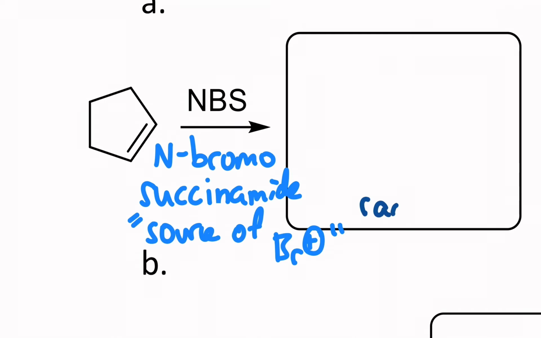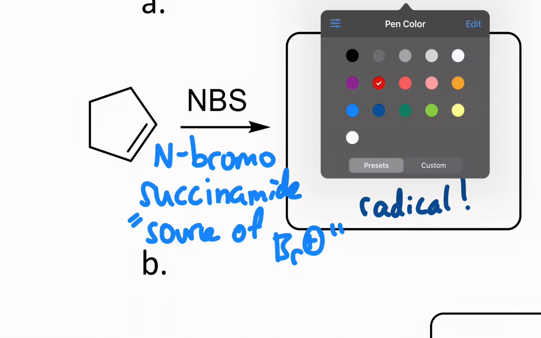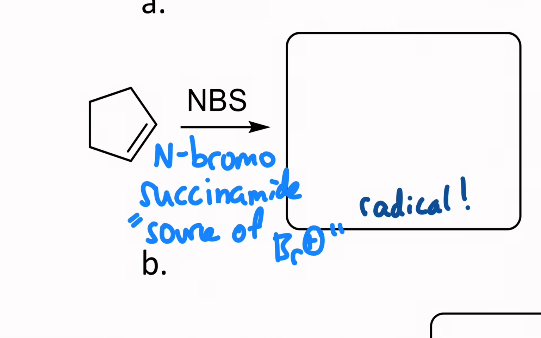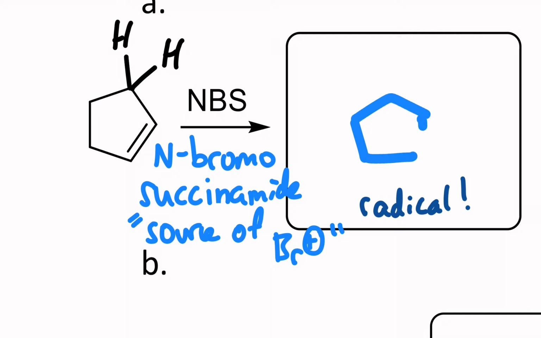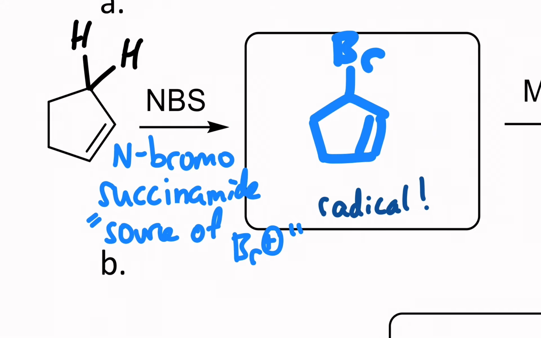That's what this is, radical bromination, radical substitution. So how do we figure out radical substitutions? Find the best radical, in this case, the allylic spot, and you do a substitution reaction. So I'm going to replace one of those hydrogens with a bromine at the allylic spot.